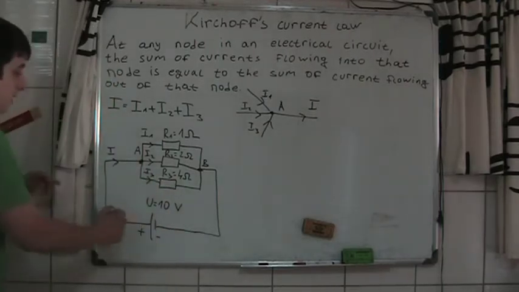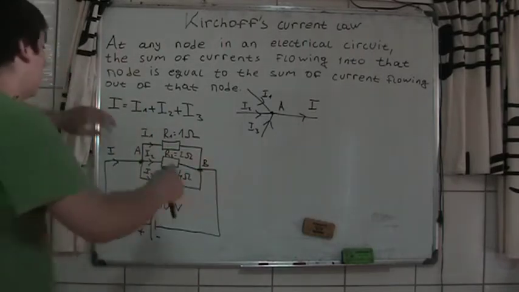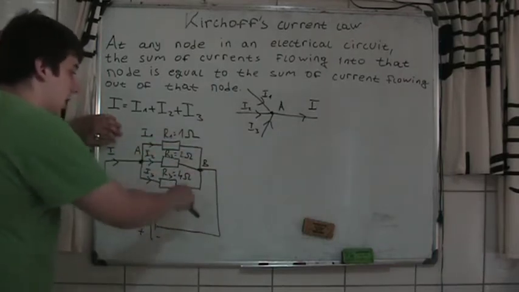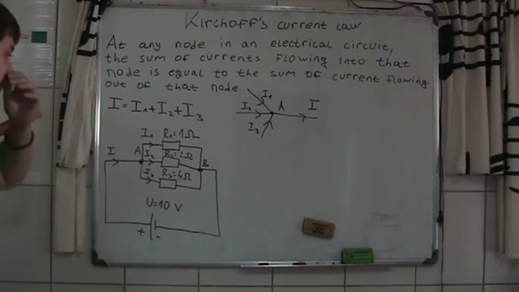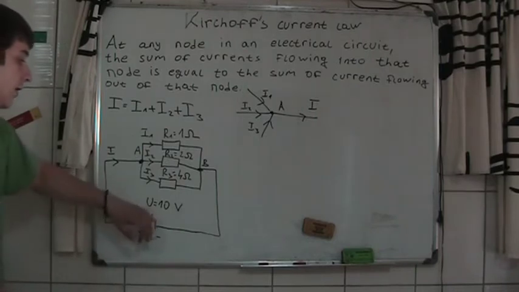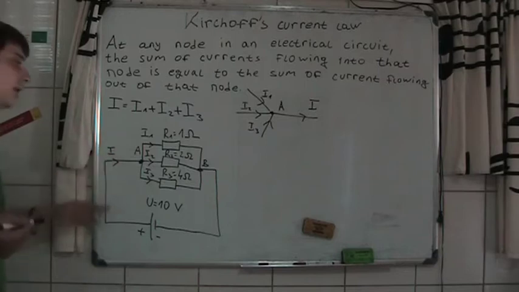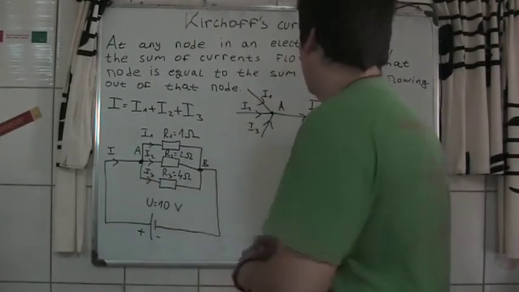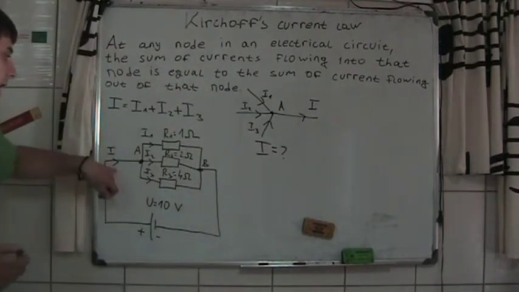Here you have I flowing from here to here, and it's separating. Here you have current I1 going here, I2 in the middle, I3 in here. This is going through the resistor R3. R1 is 1 ohm, R2 is 2 ohms, R3 is 4 ohms. The voltage of the battery is 10 volts, and we have to calculate the current I.